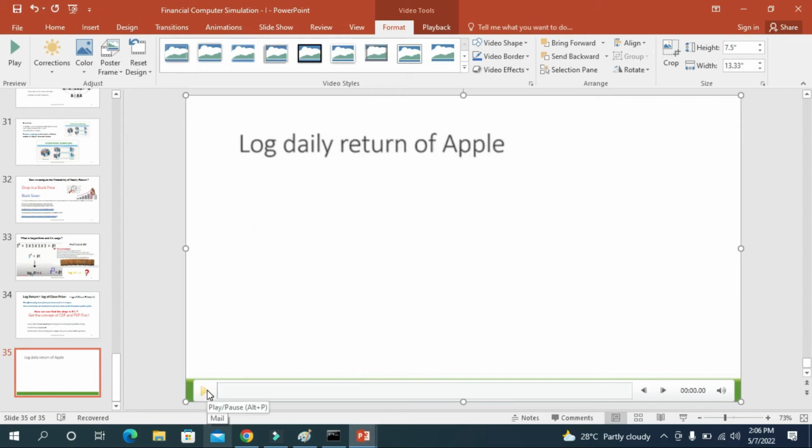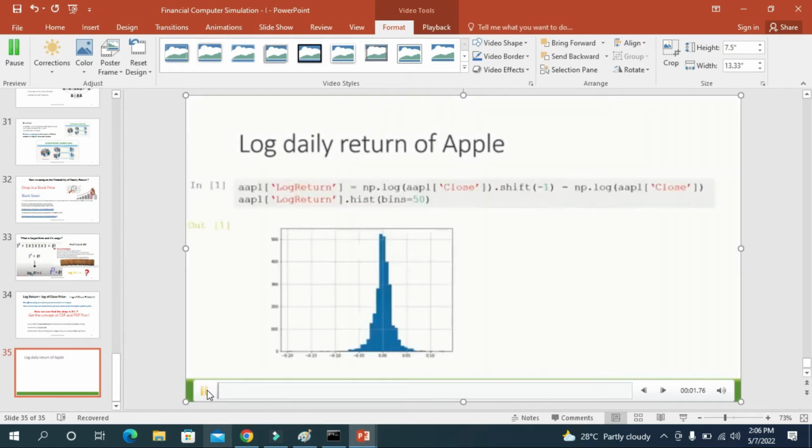So let us see the video from the start, and we can get the concept of CDF and PDF as well. We compute the log return for the stock price of Apple. The histogram of return is symmetric and bell-shaped, which is very similar to a normal distribution.